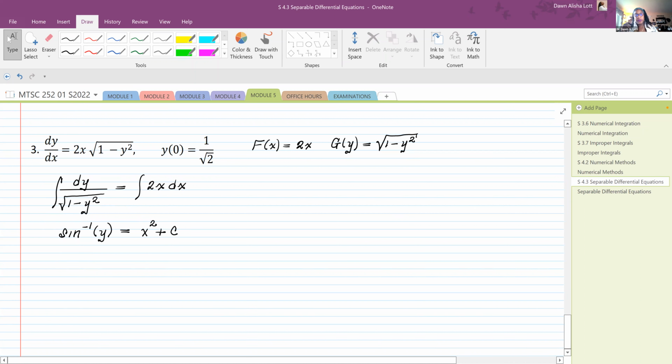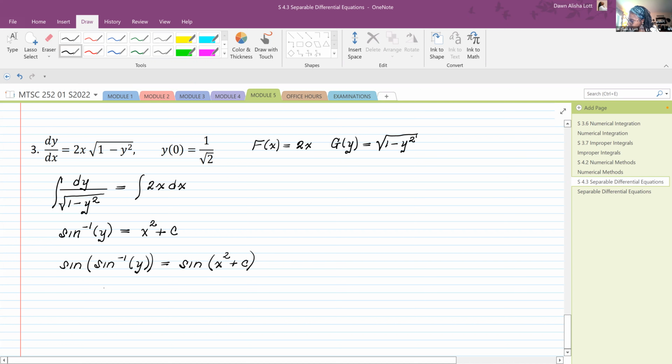All right, so one of the things I can do is plow through and take the sine. So the sine of the sine inverse of y is equal to the sine of x squared plus a constant.